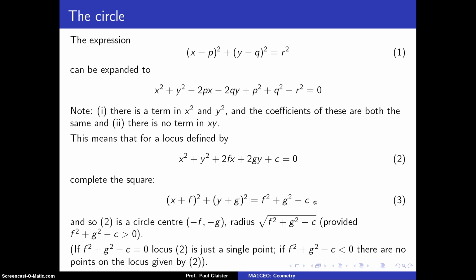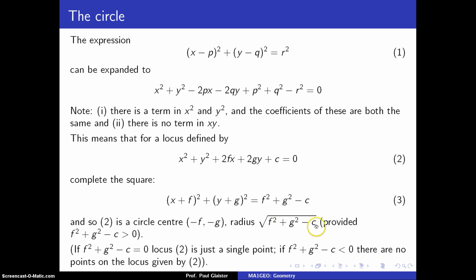So in other words, equation 2, which can be rewritten as equation 3, represents a circle with centre minus f, minus g, where these are f and g, radius the square root of f squared plus g squared minus c, determined by these numbers, provided that expression is positive.